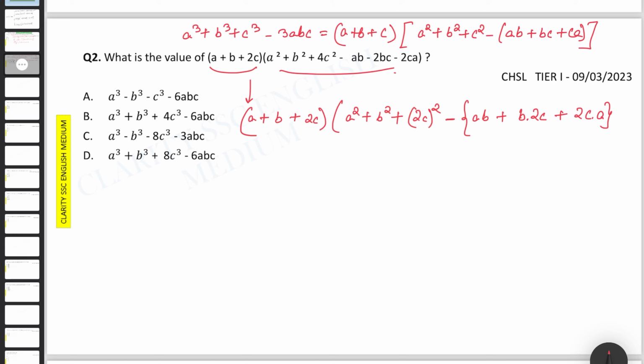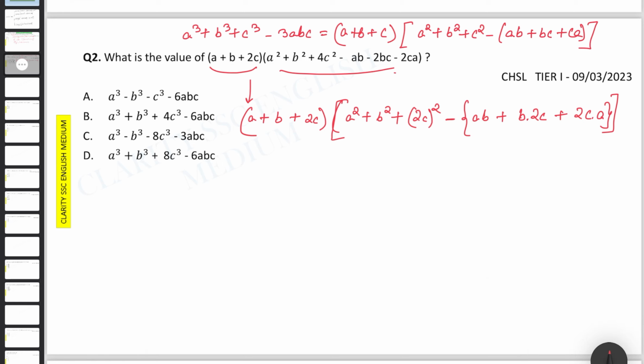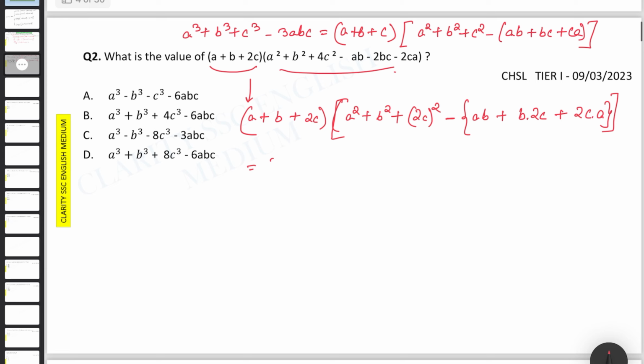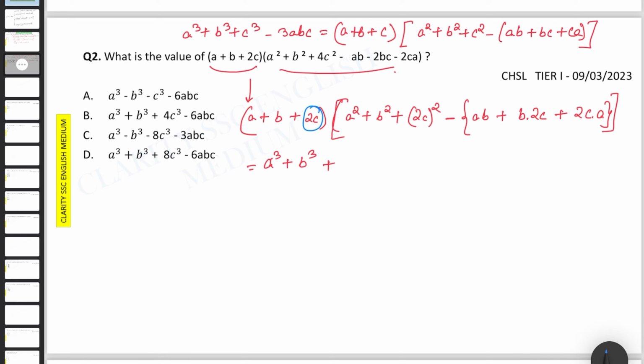I can write the expression like this to get the formula. This is nothing but a cube plus b cube plus c cube minus thrice abc, where c is 2c.